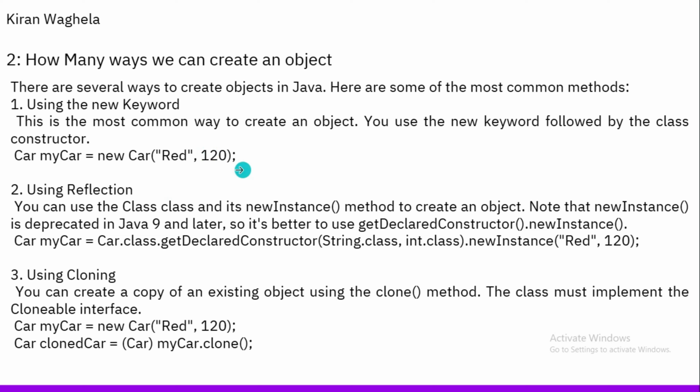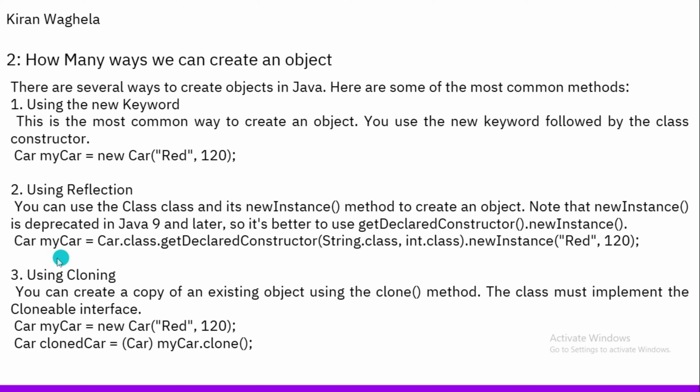Another way is using the reflection API. We can use the reflection API, like the Class newInstance method, to create an object. Please note that the newInstance method is deprecated in Java 9 and later. So it's better to use the getDeclaredConstructor().newInstance method for versions above 9.